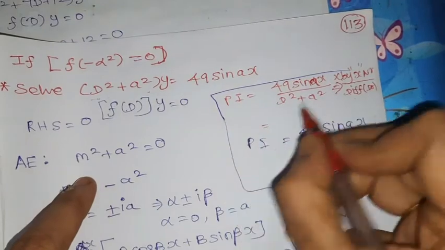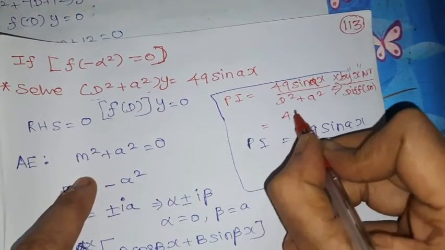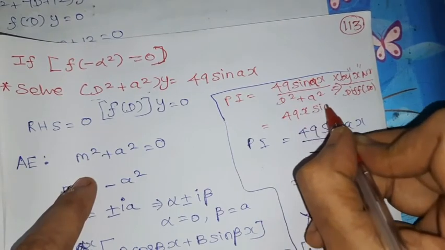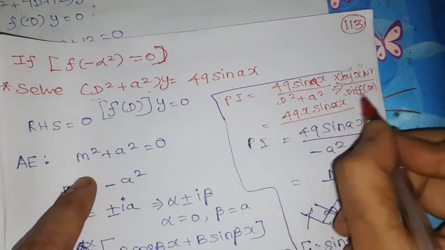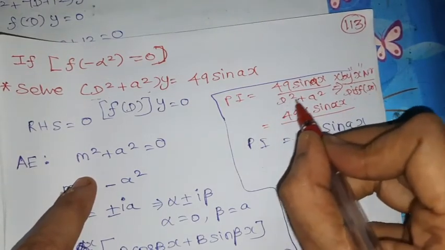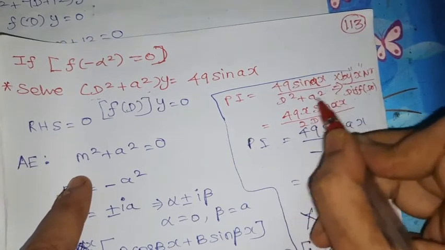Multiplying by x in the numerator, we get 49x sin ax divided by the derivative of the denominator d squared, which is 2d, since the constant gives 0.